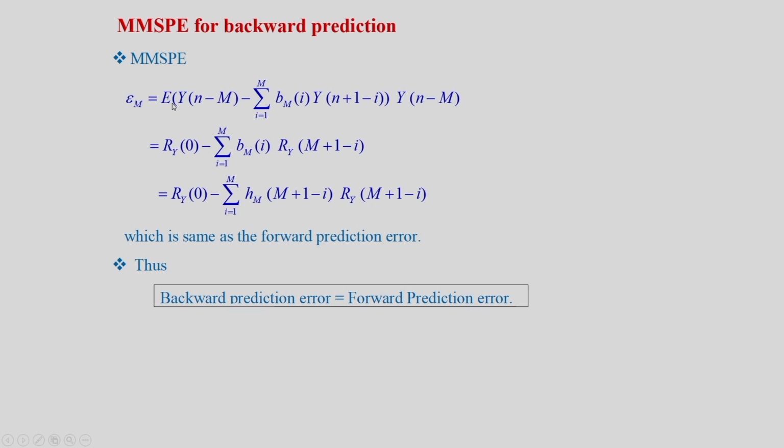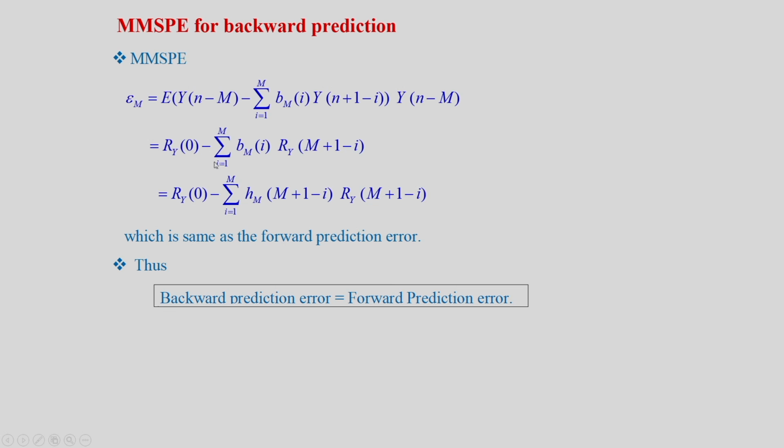So, therefore, we will have the mean square prediction error, epsilon m, that is the notation, equal to E of (y[n-m] minus summation b_m(i) into y[n+1-i], i going from 1 to m) into y[n-m].